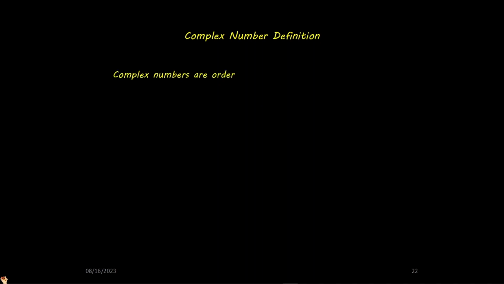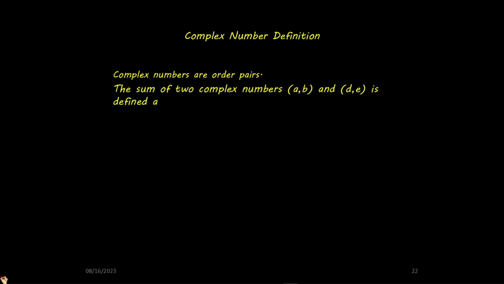Complex numbers are simply ordered pairs. The sum of two complex numbers, the pair a, b, and the pair d, e, is defined as a, b, plus d, e, equals a plus d, b plus e. This is the same as vector addition.